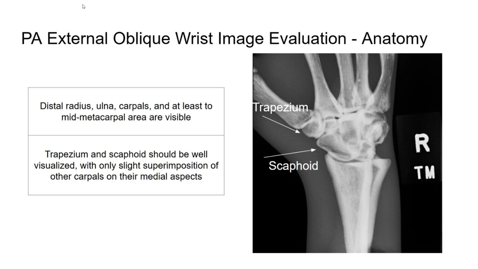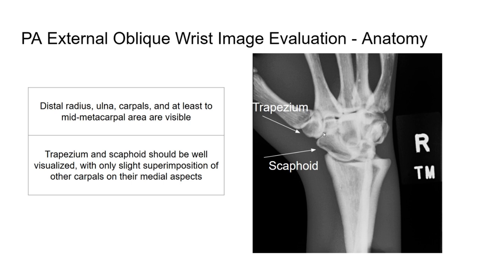Now, talking about the anatomy for a PA external oblique, your distal radius, ulna, and your carpals, and at least to the mid metacarpal area, you're going to have all of that visualized. Now, your trapezium and your scaphoid should be the most well visualized, with slight superimposition of the other carpals on the medial aspects.